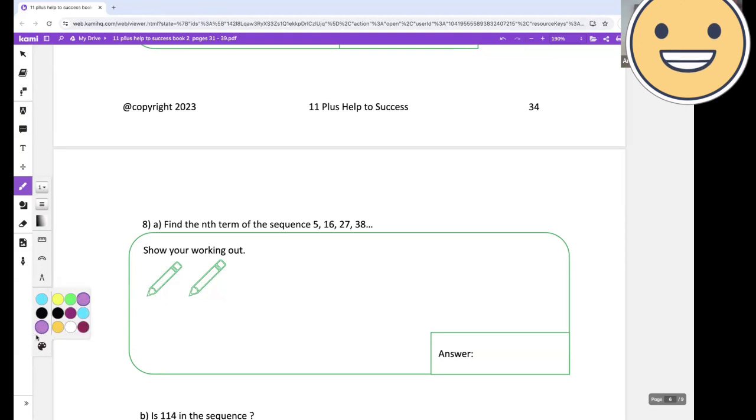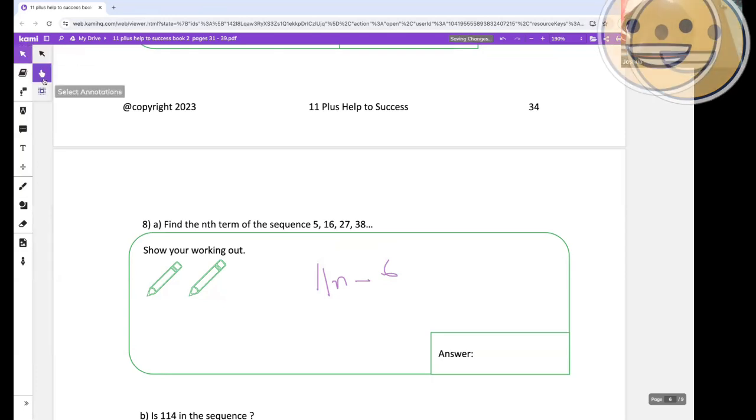Okay, so anyone who wants to give this one? 8a. Joshua, want to give 8a? For 8a, is it 11n minus 6? Yeah, good.